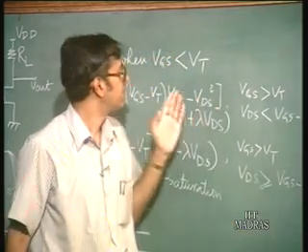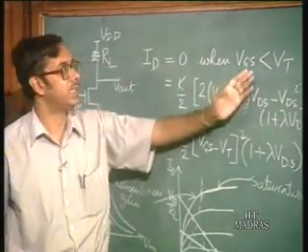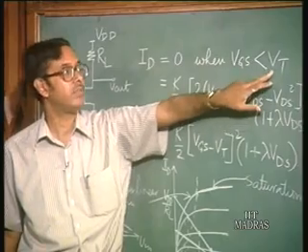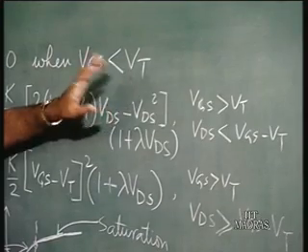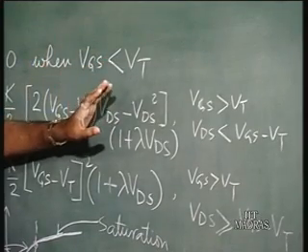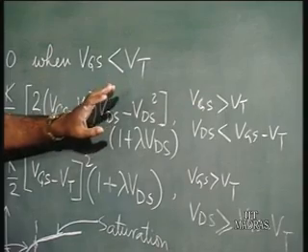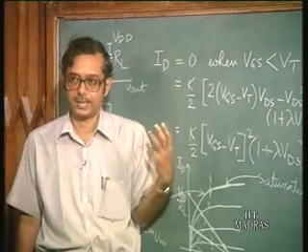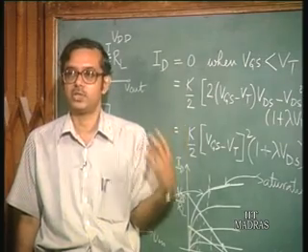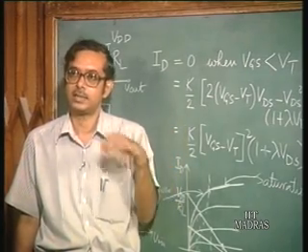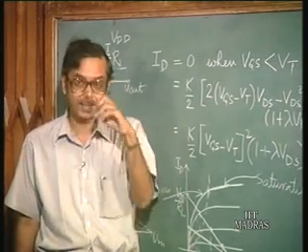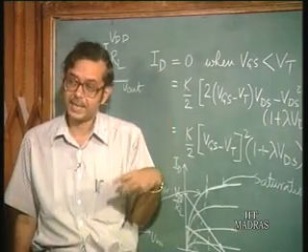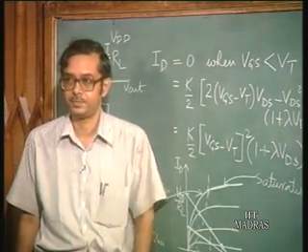That is, Id is equal to 0 when Vgs is less than Vt, when Vt is positive. So, it is a normally off device. The difference with a depletion mode load is that it is a normally on device, that when Vgs is equal to 0, the transistor conducts, and in fact you have to apply a negative voltage to switch it off.